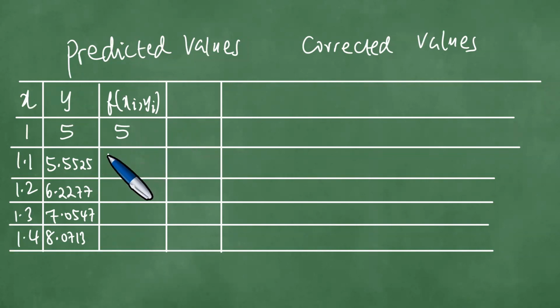And then you have f of xi, yi. This is 5, this is 6.1078. You can write it like this, but you can always jump and put some values in the middle of the table. I'm going to elaborate on that. But this is much more compact. And then now you have 9.1711.